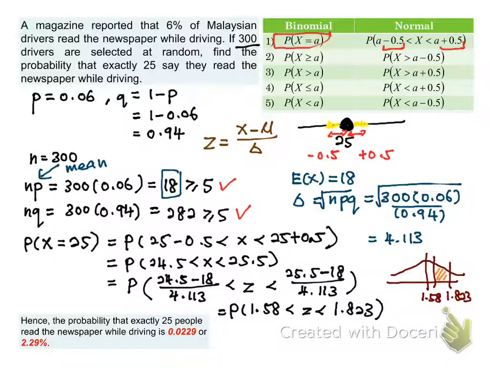We have to use the bigger than 1.58 overall, minus the one that we don't want, which is bigger than 1.823. Use the table. The table will always give the area on the right hand side. So it will be equal to P(Z more than 1.58) minus P(Z more than 1.823). So what do you get? Refer to the table, 1.58, what do you get?